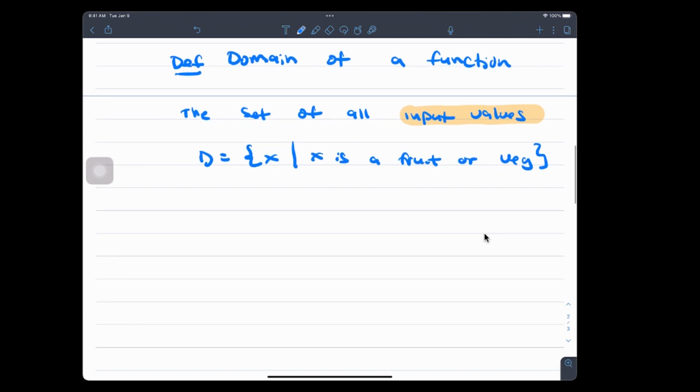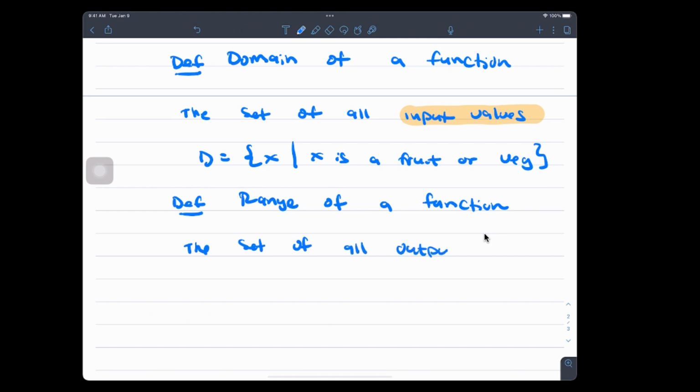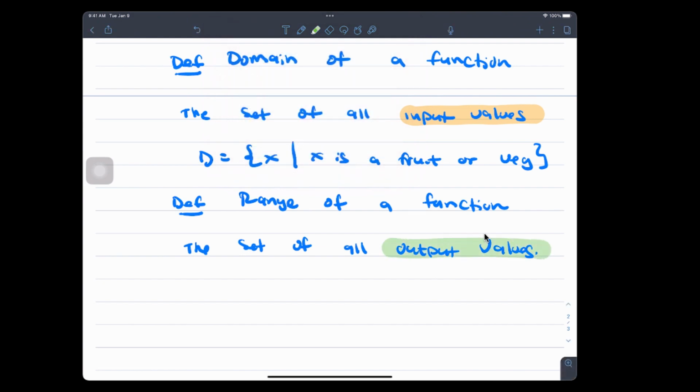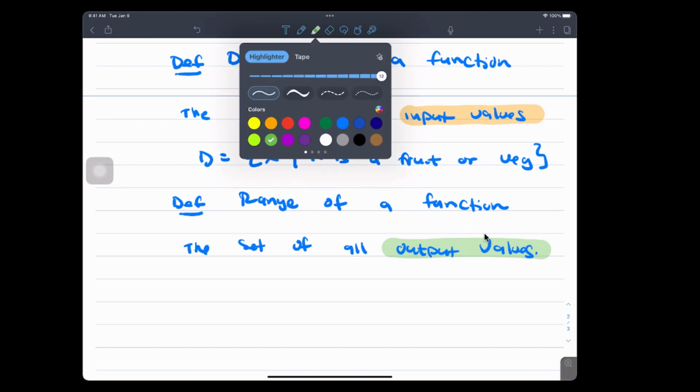Now, what's the definition of the range? So this is important here, ladies and gentlemen. The range of a function, another important idea, well, that's the set of all output values. Okay, so you have what we call the domain, and we have the range here.